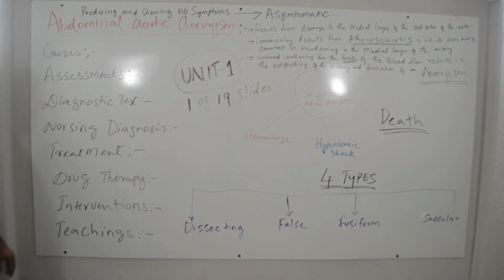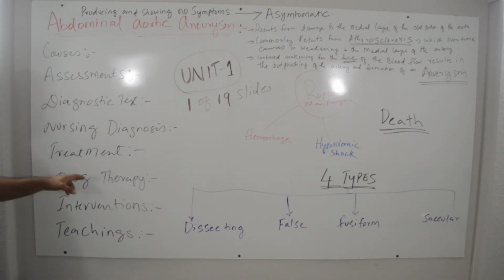Okay? Drug therapy is there. I will tell you the drug therapy, we have to treat first the pain, for which we have to give analgesics. Some of the analgesics are oxycodone or OxyContin.